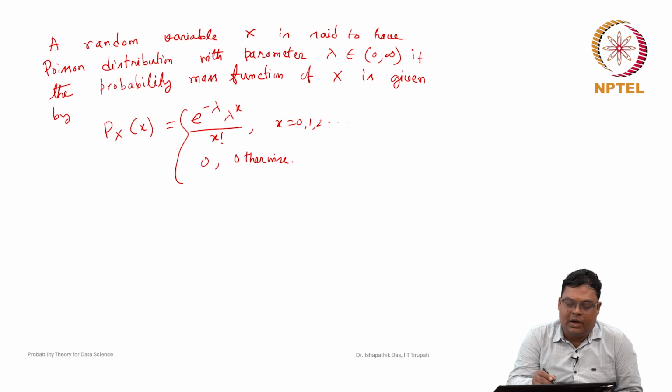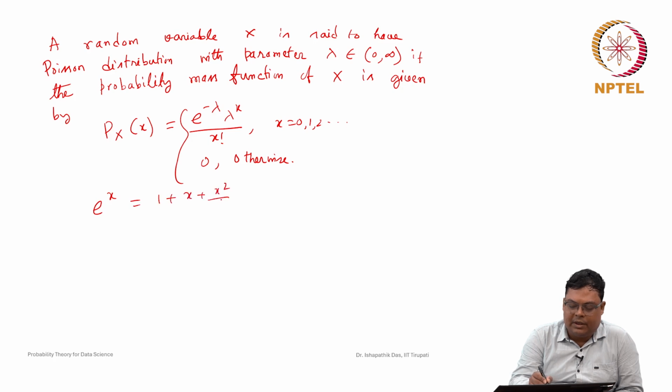Now, what is e? You know that e to the power x has the infinite series expression 1 plus x plus x square by 2 factorial plus x cube by 3 factorial, and so on, for any real number x. So, you can check that it is always greater than or equal to 0.